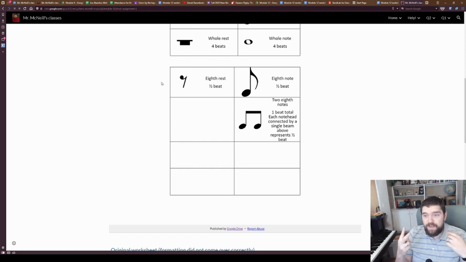So if you get two of them, that fills up one beat. So if this is the beat, tick, tick, tick, tick, two of them, ta, ta, ta, ta, or 1 and 2 and 3 and 4, and it goes 2 per beat. Tick, tick, tick, tick, tick, tick, tick, tick. This is the beat. Okay, so those are our eighth notes.